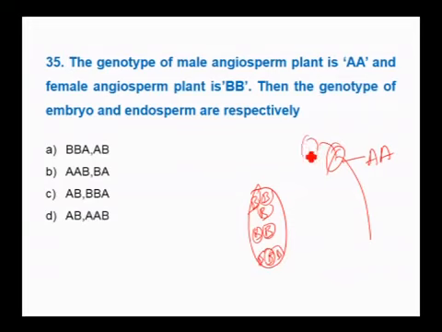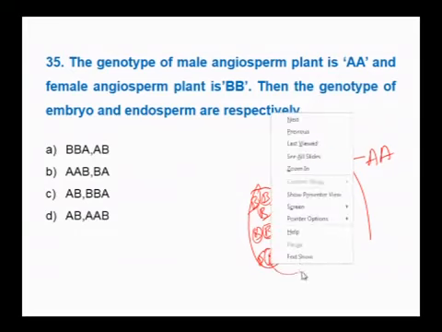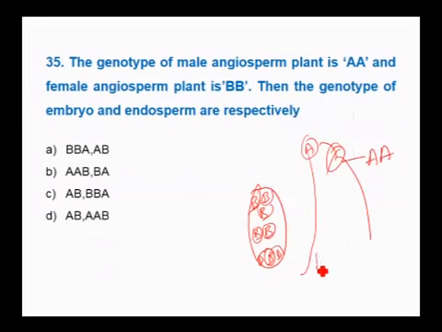But here the pollen grains are A. Then the genotype of the embryo developed from the zygote is AB. For endosperm, to this 2B you have to add half. Endosperm always carries the diploid number from female and haploid from the male, therefore diploid number is BB, haploid is A. BBA is endosperm. Here the embryo is AB, endosperm is BBA, therefore the answer is C.